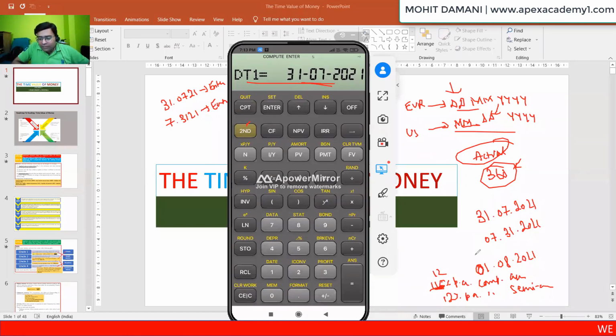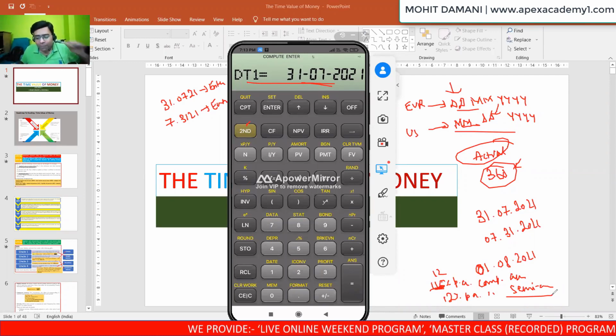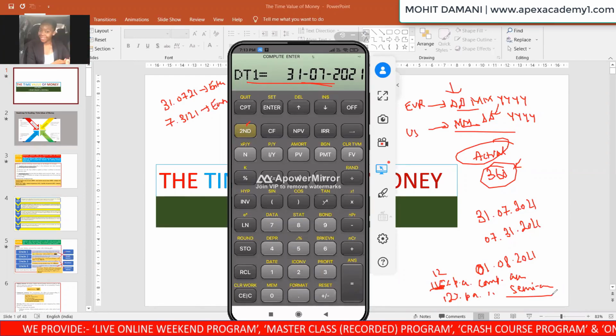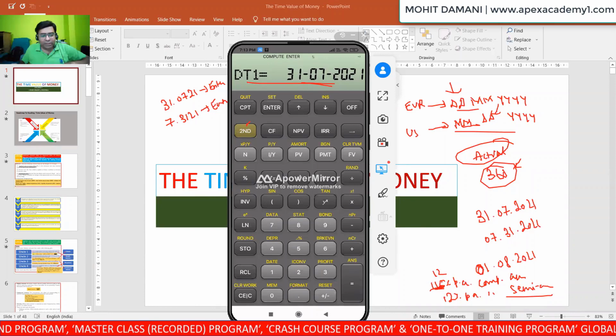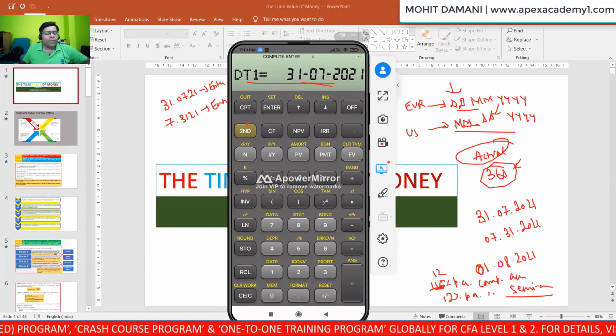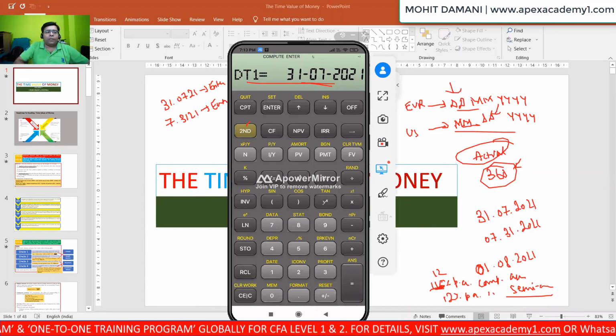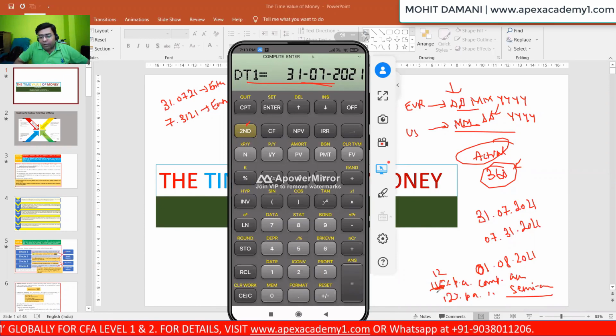So this gives you 2 times compounding. Now the question is, what will be the effective annual rate for this particular thing? Actually it cannot be 12%.